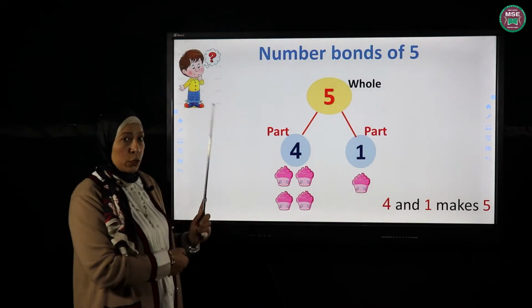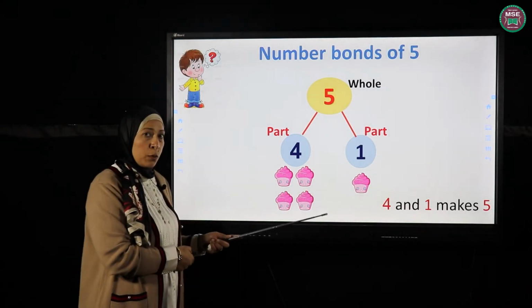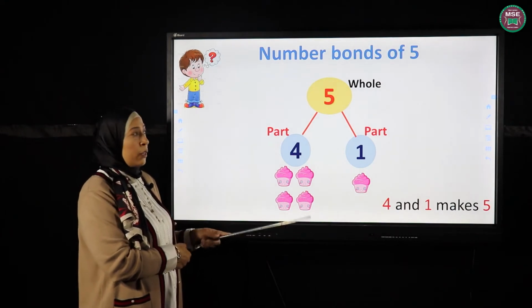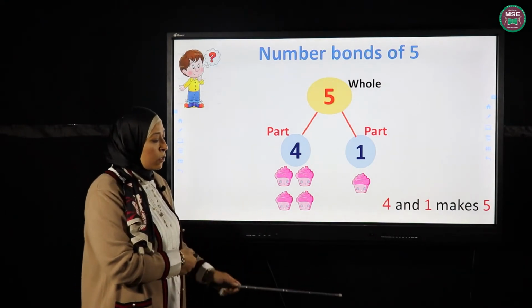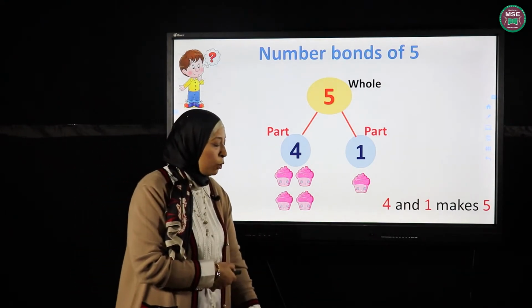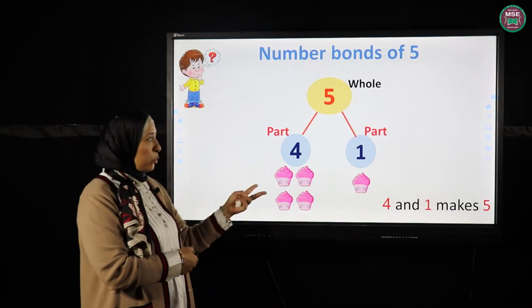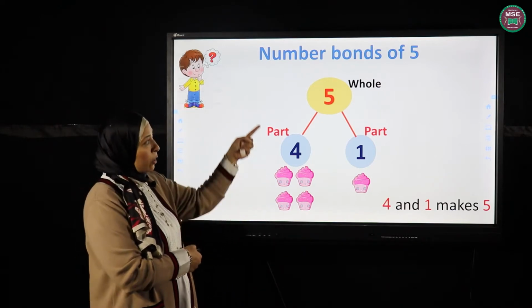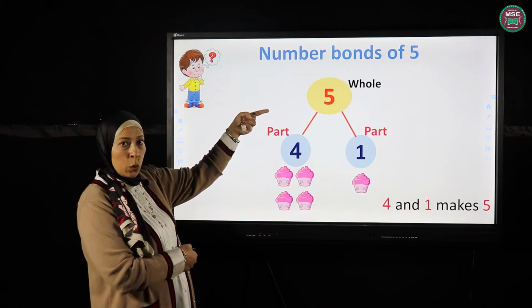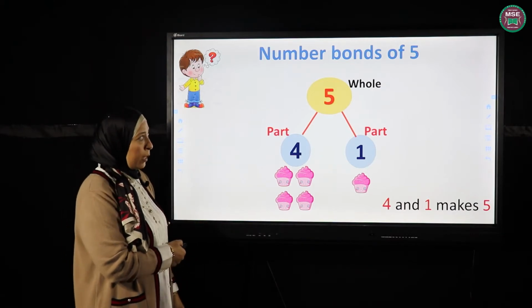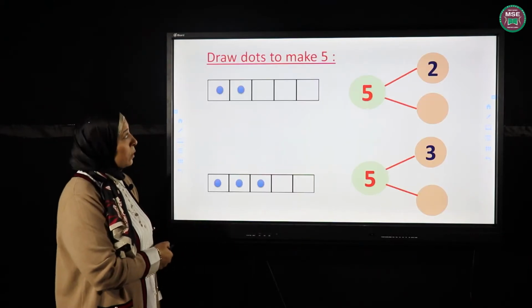And in the first one we had 3 cupcakes for the boy and 2 cupcakes for the girl, and they also gave me 5. This is called a number bond, which means that 2 numbers in 2 parts are going to give us only 1 whole number. Okay, let's move to the next one.